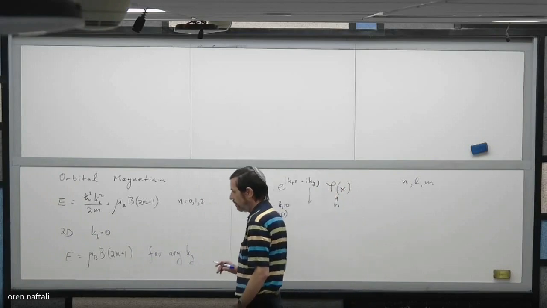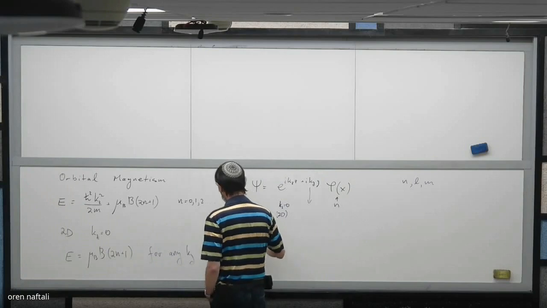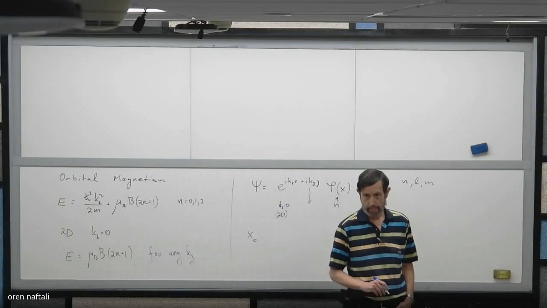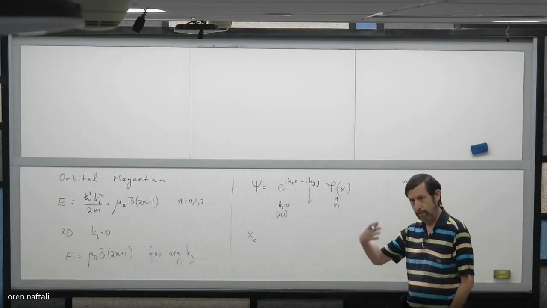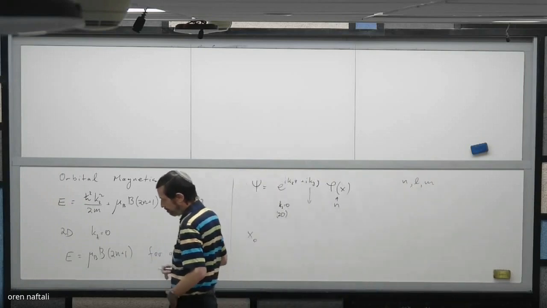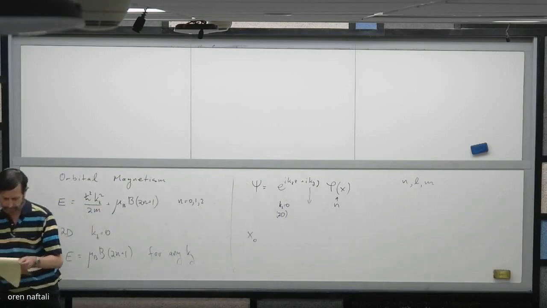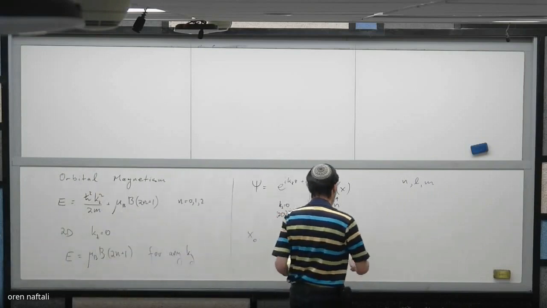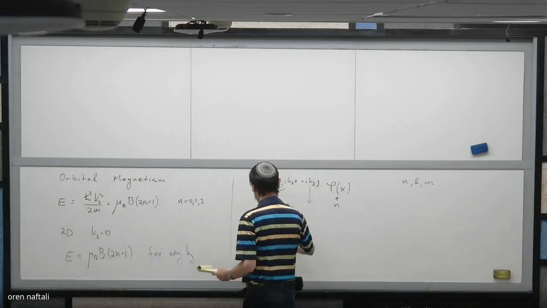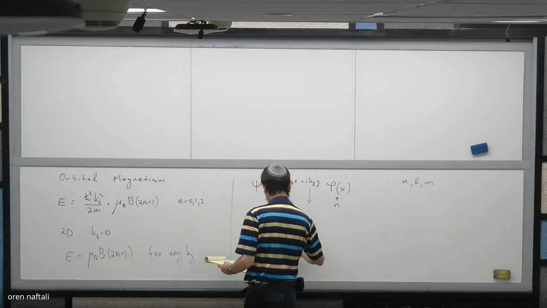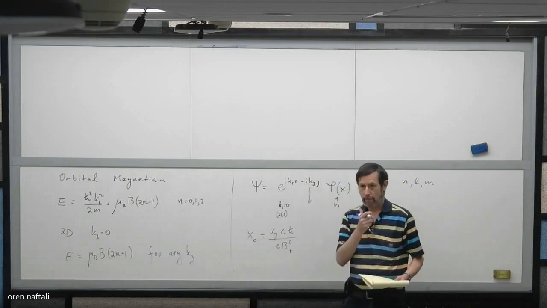If you remember, x0 appeared in our equation, which was proportional to ky.